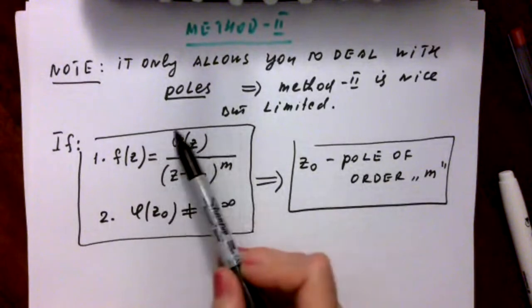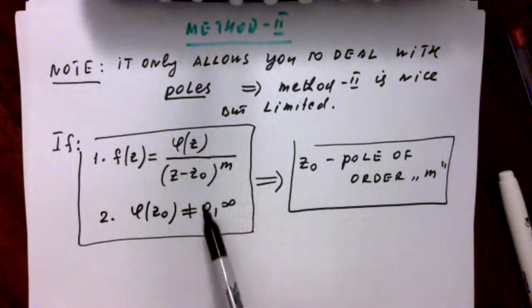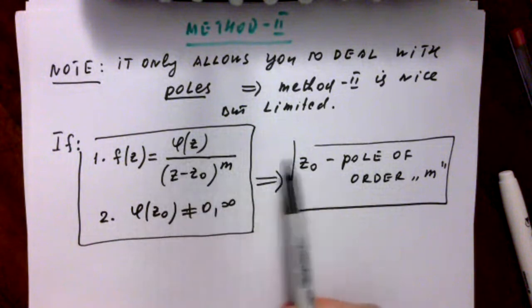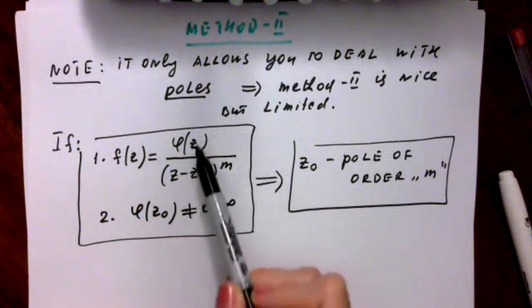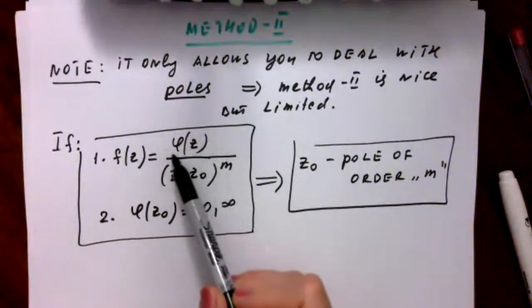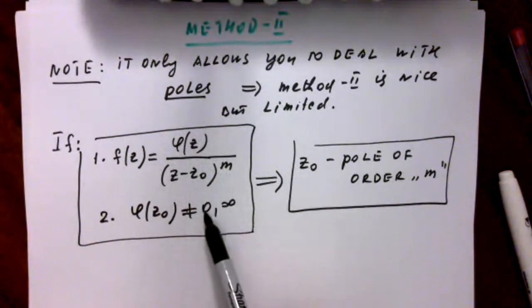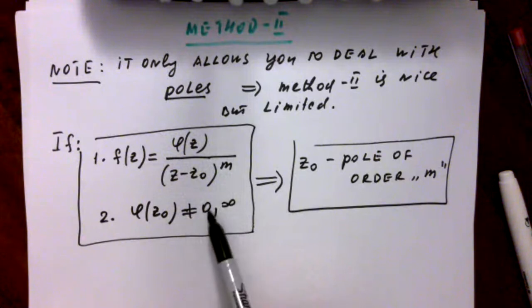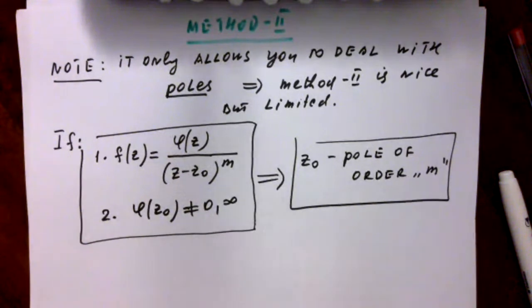But what does the second requirement mean? It means that if you substitute your singularity point z0 into the numerator of this fraction, you will get no 0, no infinity. It will be just a nice, non-zero number. That's it. But what about the residue?